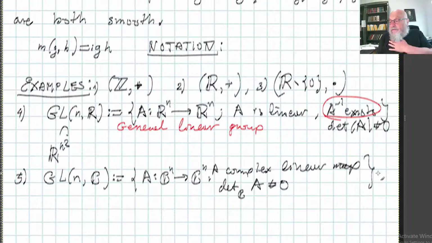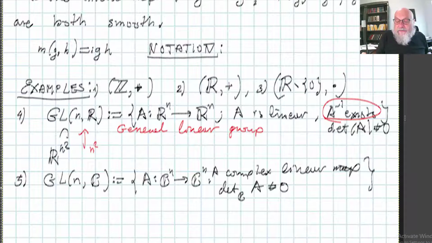So those are examples. As this is a manifold of dimension n squared, you can also figure out that the next one, number 5, the complex general linear group, is also a manifold, because that set is also a submanifold.